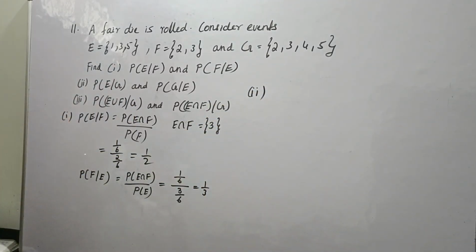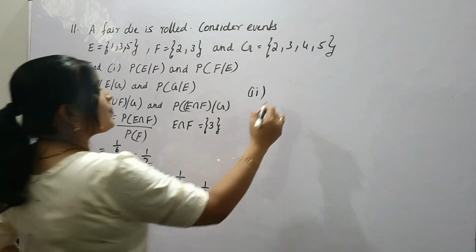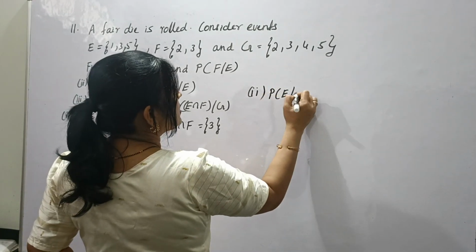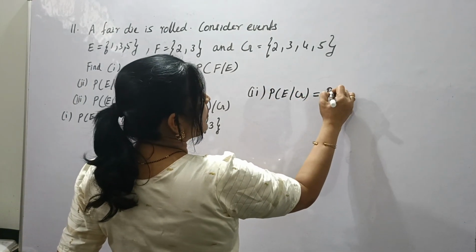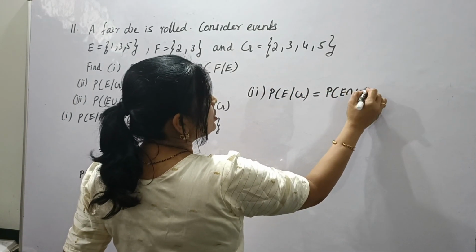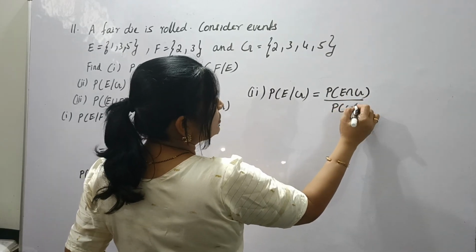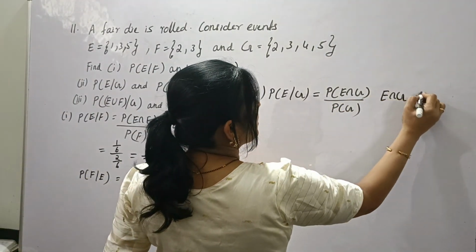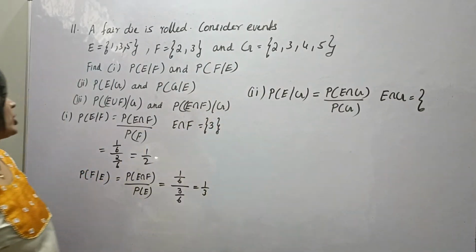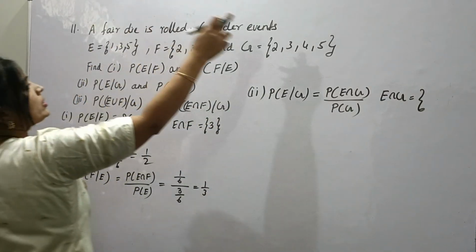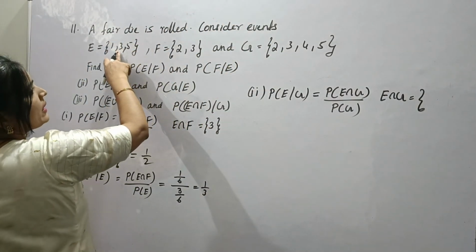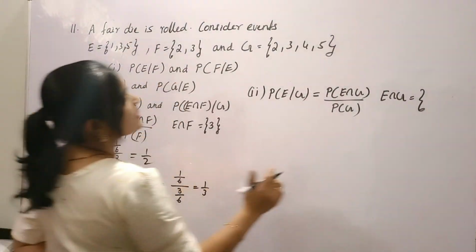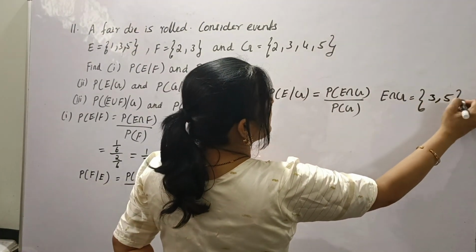Probability of E given G is equal to probability of E intersection G divided by probability of G. Now, what are the elements of E intersection G? What are the common elements? 3, 5, right? 3 and 5.